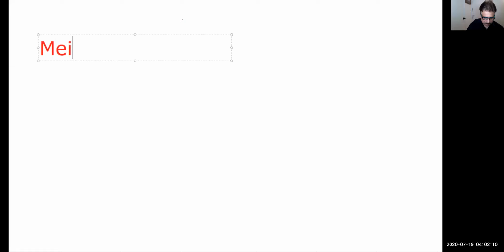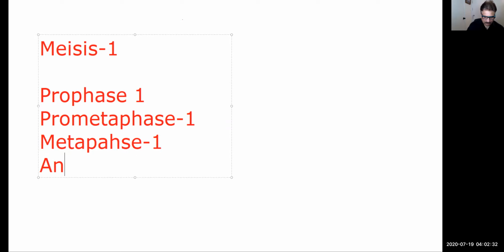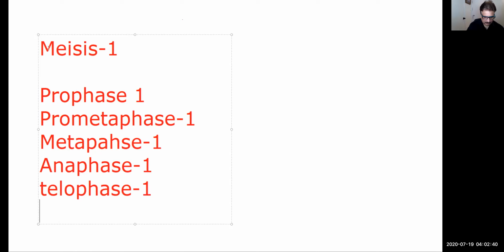So meiosis 1 has phases called prophase 1, metaphase 1, anaphase 1, and then telophase 1, and cytokinesis 1.